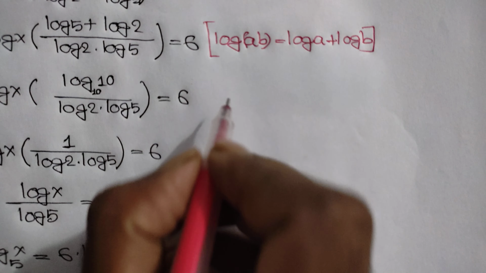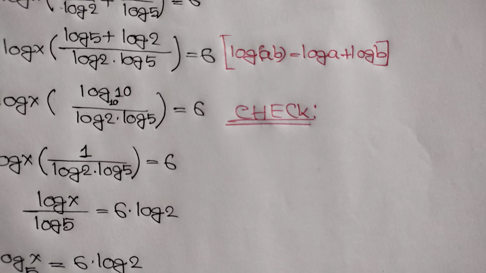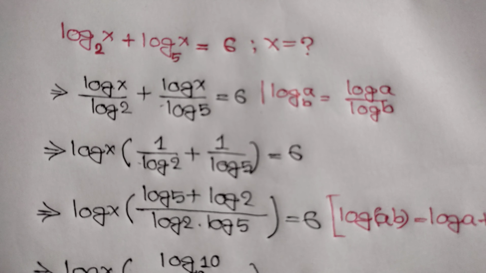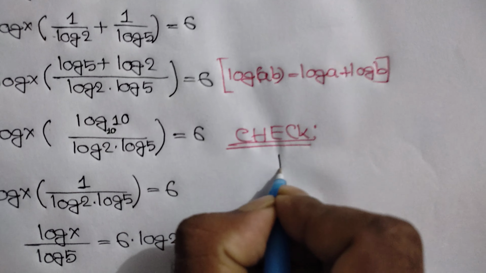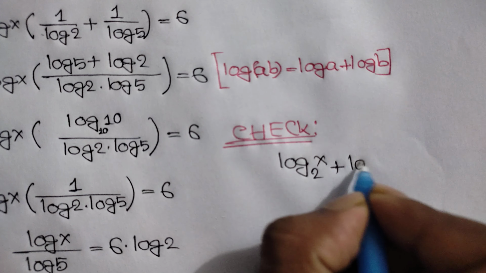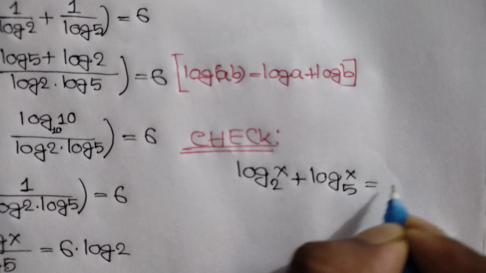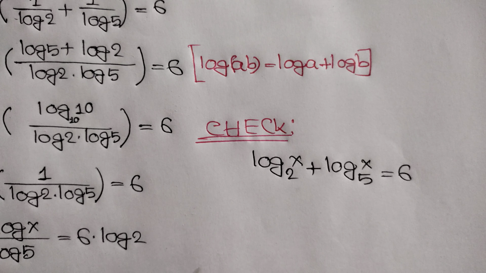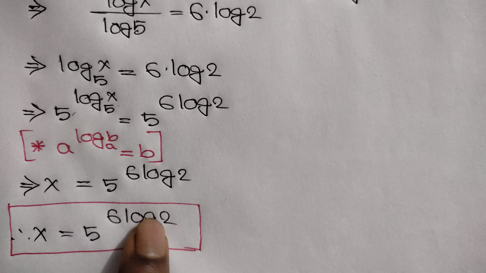Now check. Our question has given log of x base 2 plus log of x base 5 is equal to 6. Log of x, that means 5 to the power 6 times log of 2.